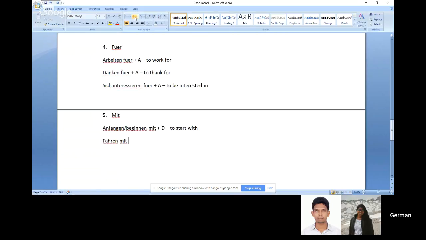Fahren mit plus dative means to travel by and not to travel with some person. Sich treffen mit is to meet with.